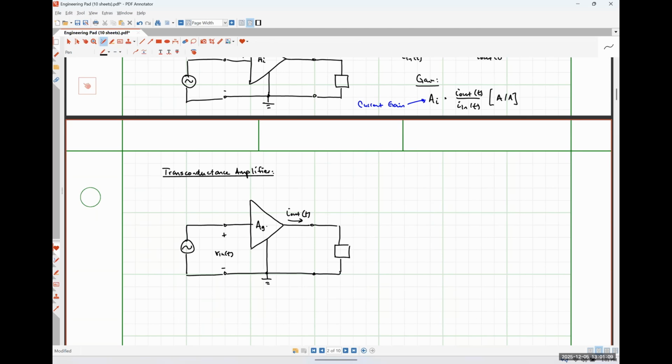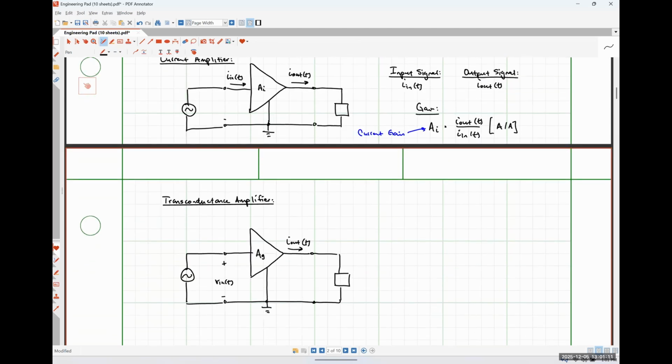So we'll have our input signal is V in. Our output signal is I out.